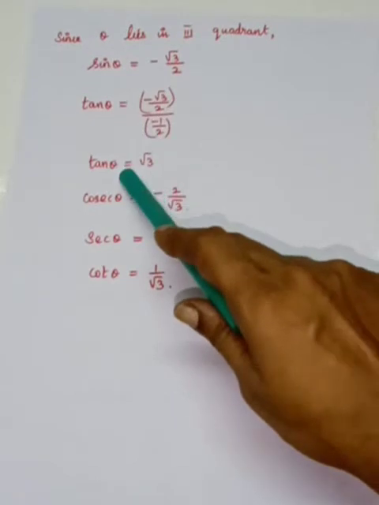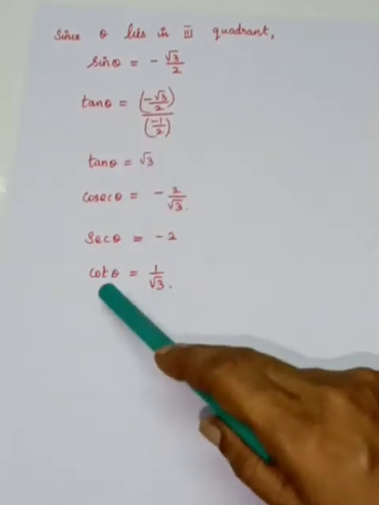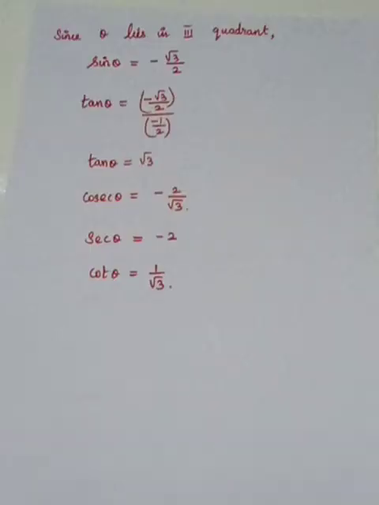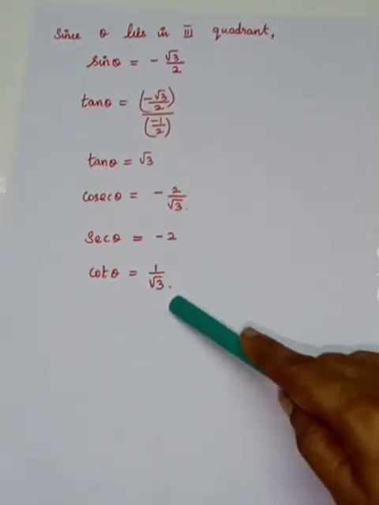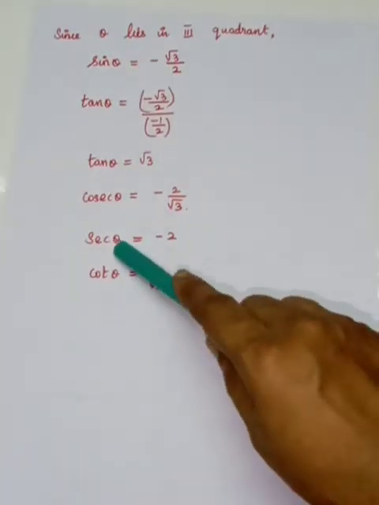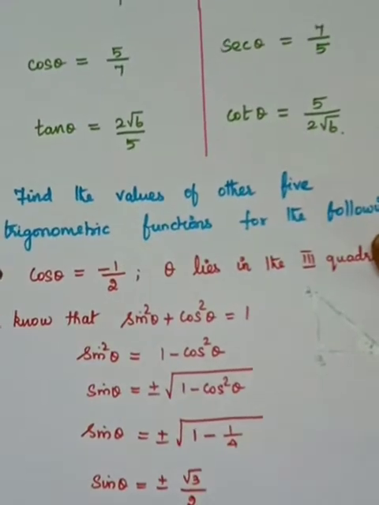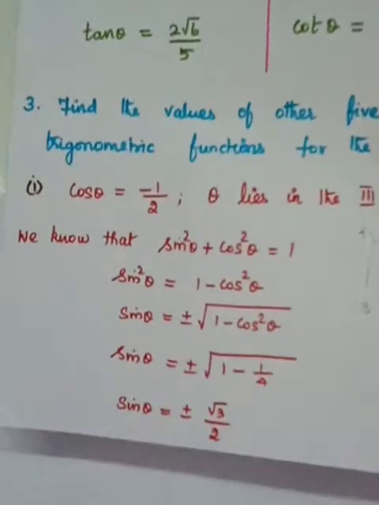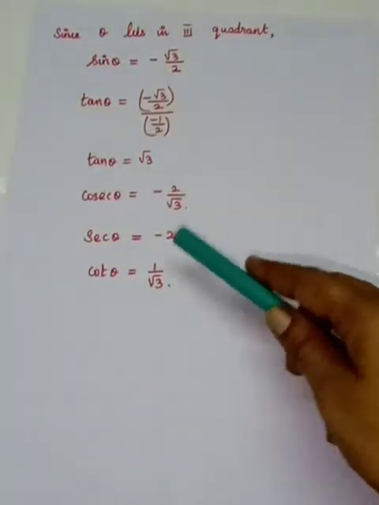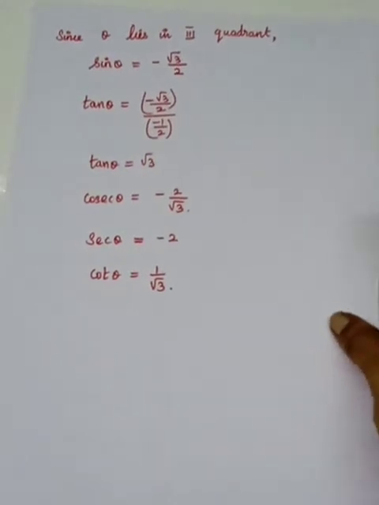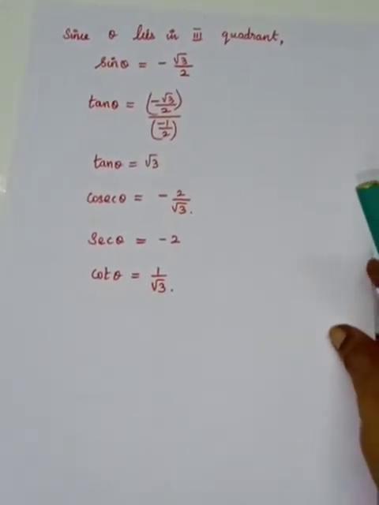Once you find tan theta, you can write cot theta, because it's the reciprocal of tan theta, so it will be 1 by root 3. And one more thing: secant theta is the reciprocal of cos theta. Cos theta is minus 1 by 2, so secant theta is minus 2. In this way you have to find the trigonometric functions.